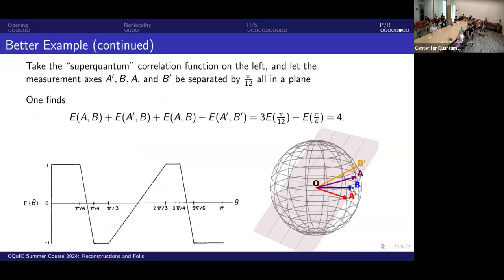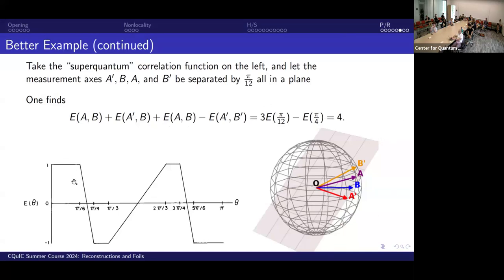A and B are pi 12ths apart. A prime and B are pi 12ths apart. A and B prime, I believe, is pi 12ths apart. But A prime and B prime are pi 4ths apart here.